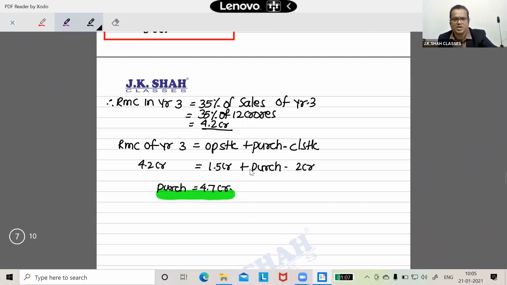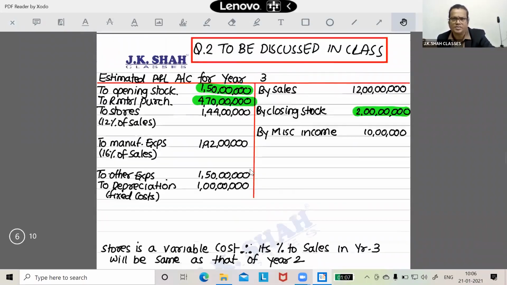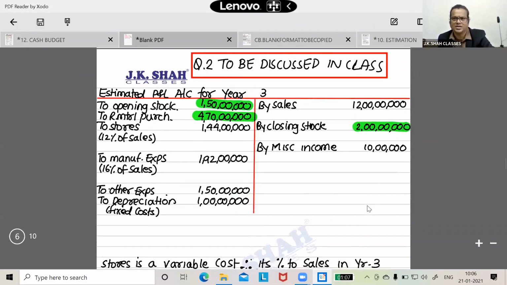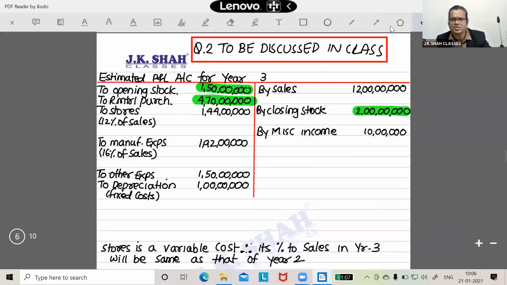So now, if you take a look, people, it is all filled up. So we can start taking the total. Twelve and 2, 14 crore 10 lakh.